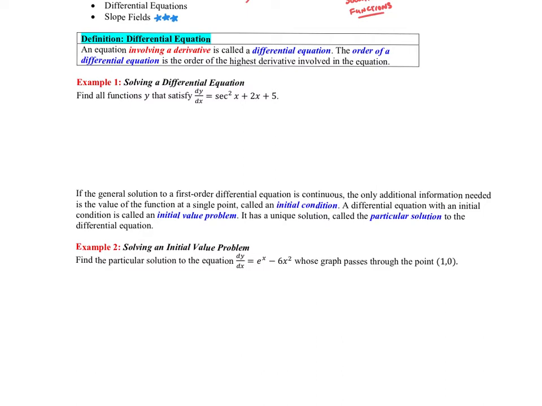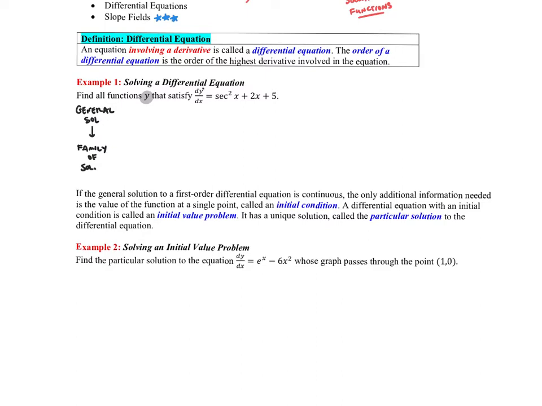So what I'm seeking is a solution y, and actually I'm seeking what's called a general solution. A general solution, for lack of a better term, produces a family of solutions.